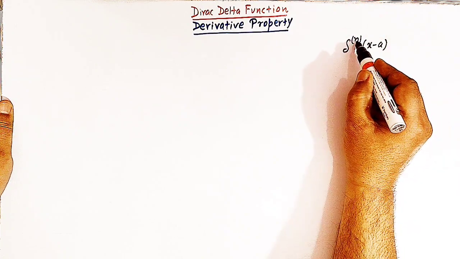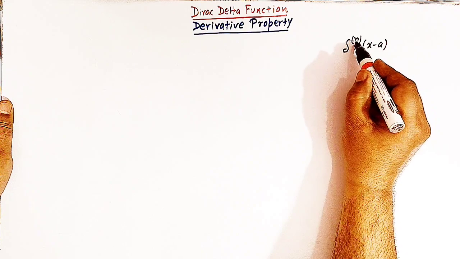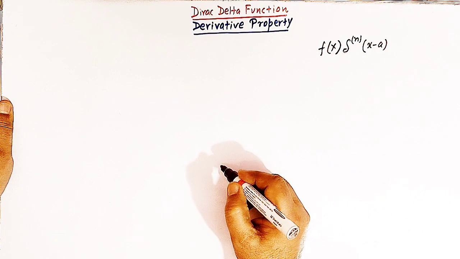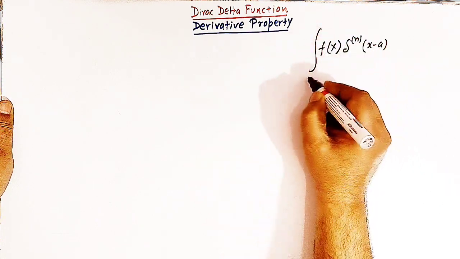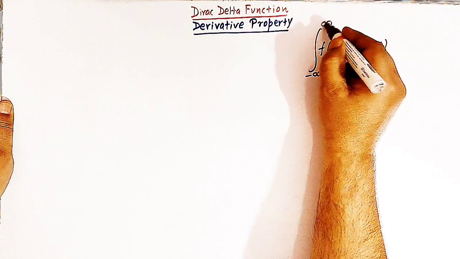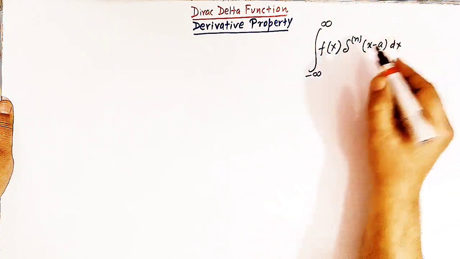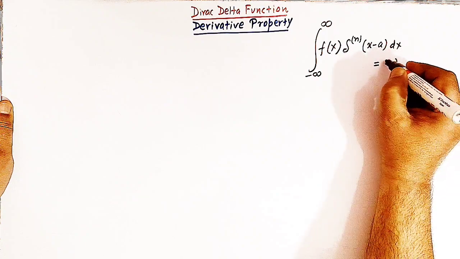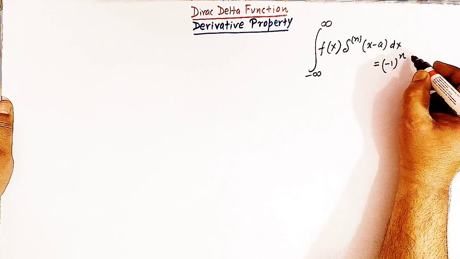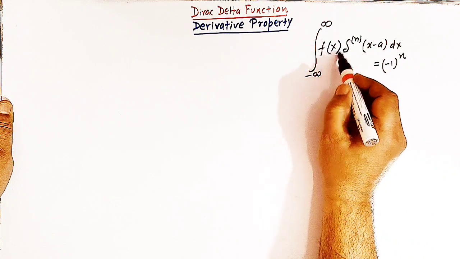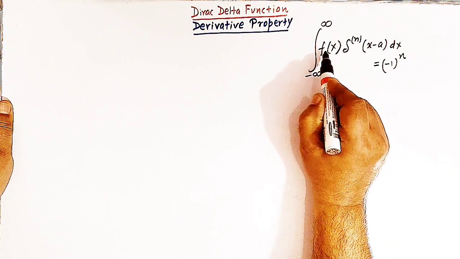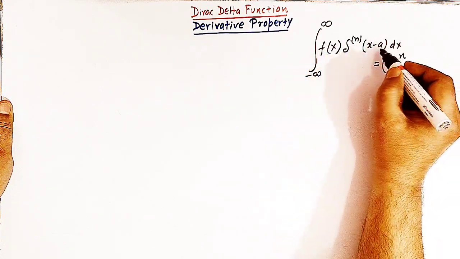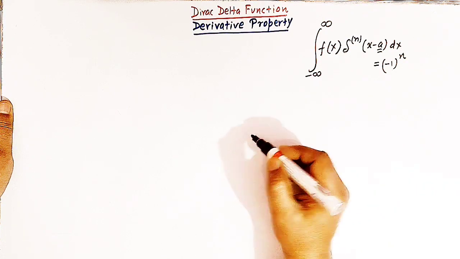So here this n denotes the order of the derivative, and let us consider a test function, say f of x, right? So if we integrate from minus infinity to infinity, then the value of this integral may be given as (-1)^n times the nth derivative of this function f of x evaluated at this point, that is a, right?